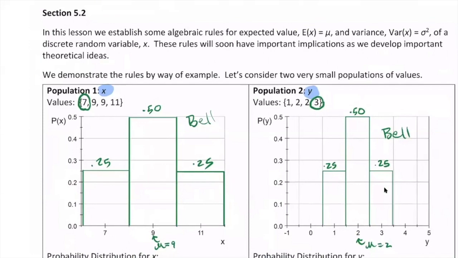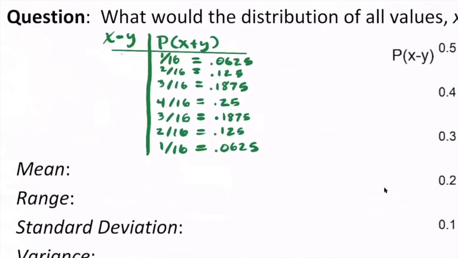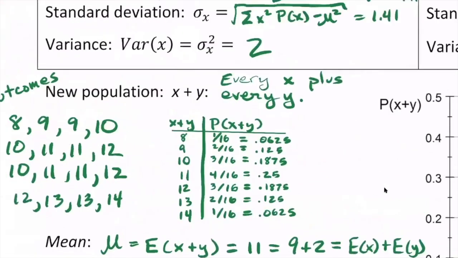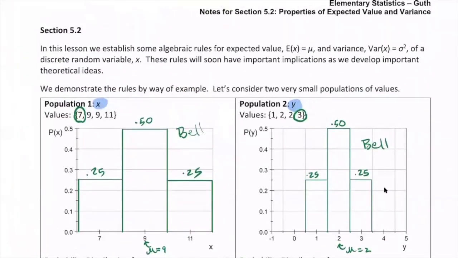So 7 minus 3 is 4. That's the smallest that X minus Y can be. And if you look at the data values, there's only one way to do that. It's the 7 minus 3. There's no other way to get a 4. So that's going to be 1 out of 16.